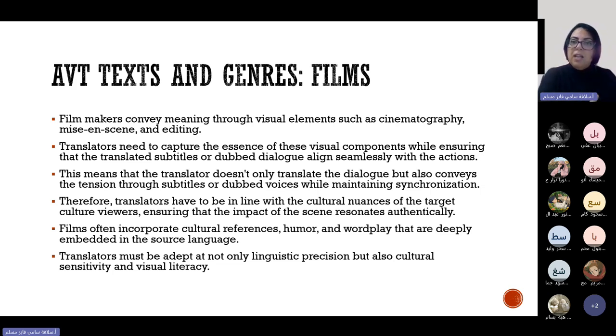However, in the subtitle, it is tricky. So we need to use a few things, a few markers. If I use exclamation mark, it means that what's happening? This is my emotion. If I use a question mark, what's going on here?